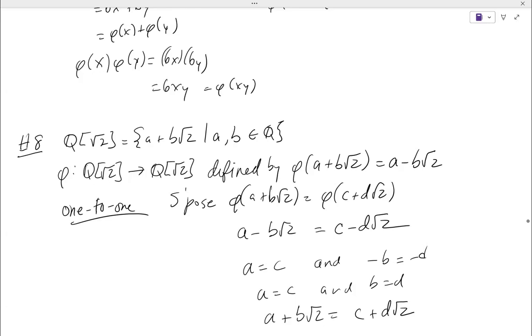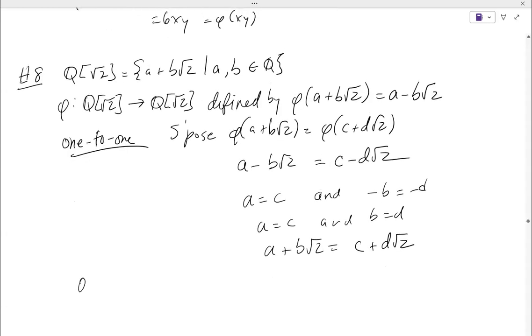All right, let's do onto. Onto, you need to show, start with an arbitrary element in the codomain and show there's an element in the domain that gets mapped to it, right? So we'll start with, I'll just write it as c plus d root 2 for whatever reason.